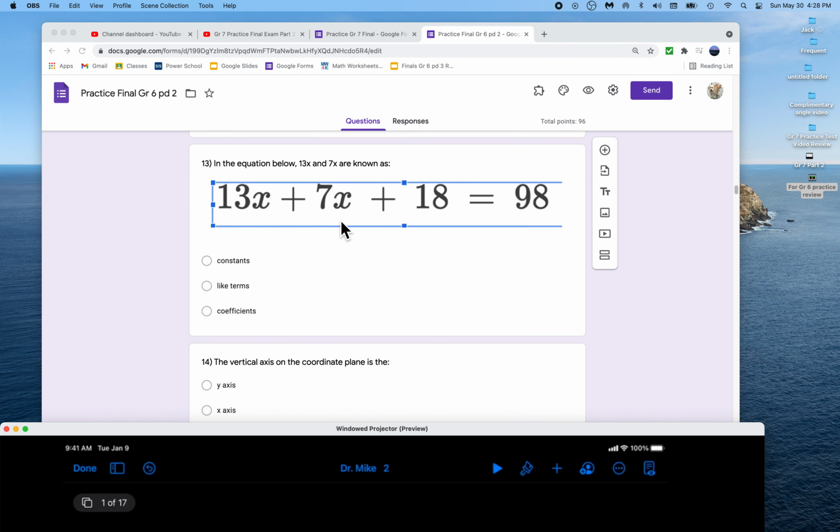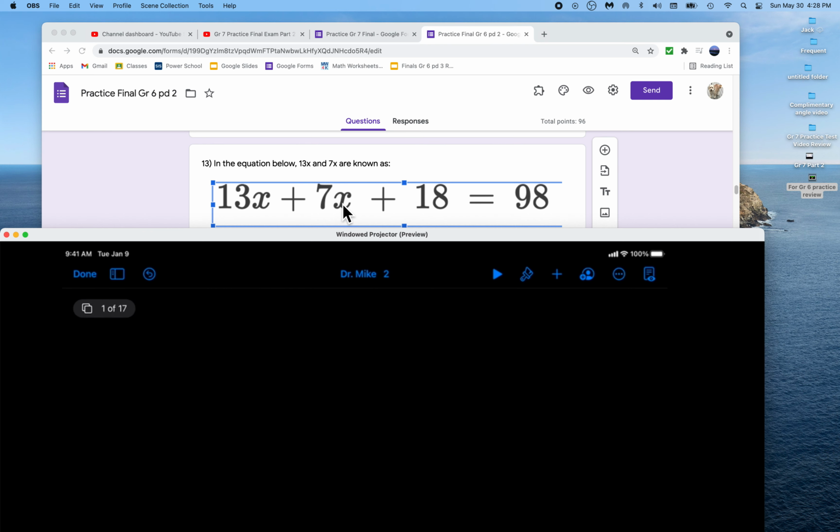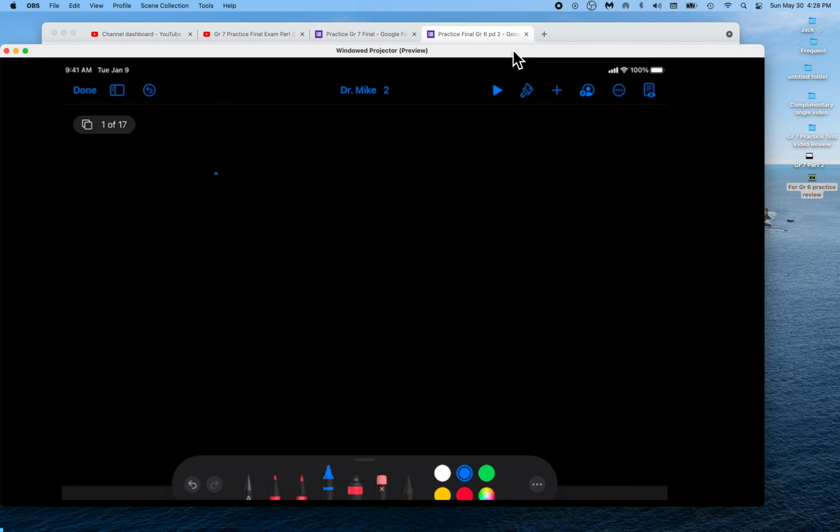13x and 7x are known as like terms. A like term is when the variable is exactly the same, including its exponent. So let's talk about this a little bit. In this example, we have 13x and 7x.